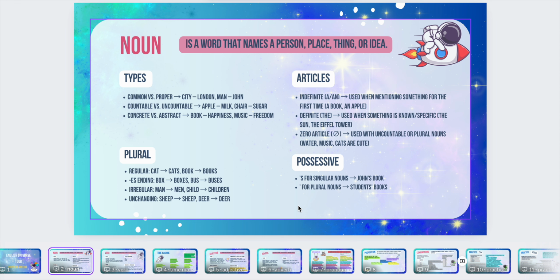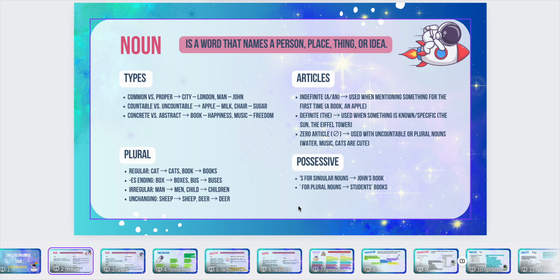And specifically when we talk about, for example, the verb to be, it really matters because we change to be for plural, and it's different for singular: was, were, am, are.